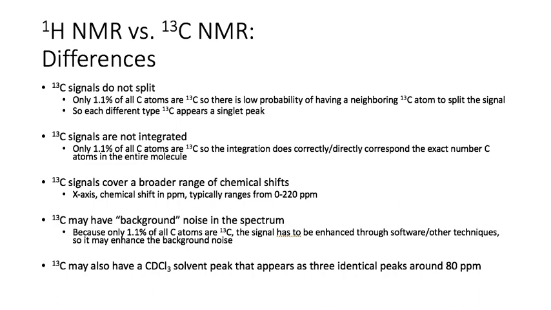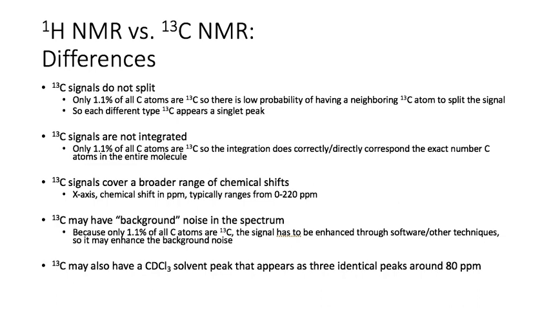For carbon-13 NMR, you'll usually see from 0 to 220 ppm, just because of the nature of the molecule. Something else that makes it a little bit easier to interpret is that carbon-13 signals actually do not split. You're not going to see peaks within your signal like doublets, triplets, septets. That just doesn't happen with carbon-13.